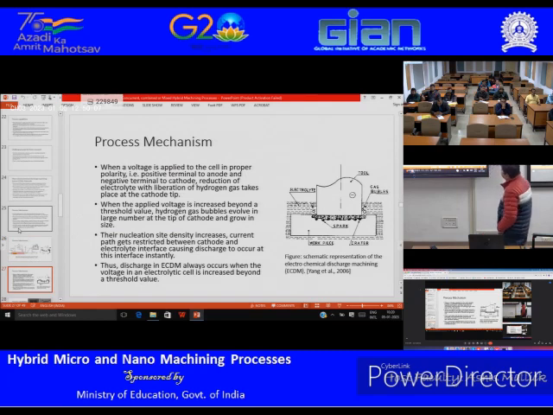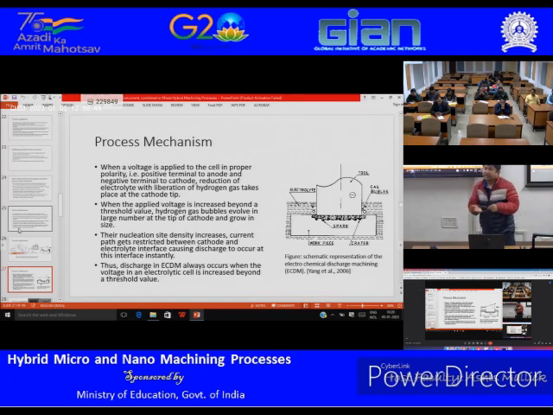So what happens when you apply the voltage is that hydrogen gas bubbles form and go to the cathode tip, and when the voltage you apply goes beyond its threshold voltage, the hydrogen gas bubbles increase significantly at the tip of the cathode, and then the nucleation site density increases and the current path gets restricted.